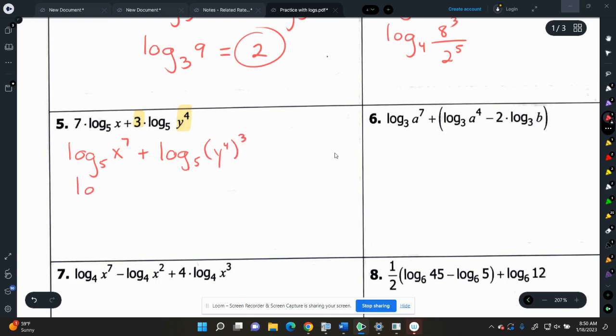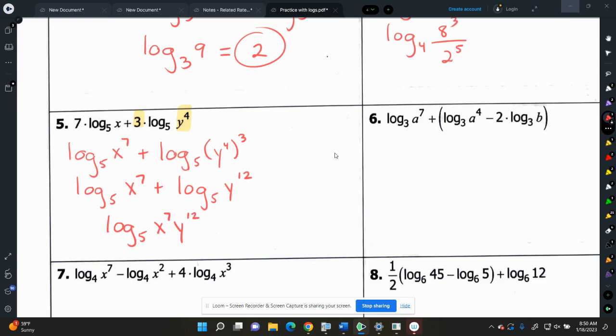So we've got log base 5 of x to the 7th plus log base 5 of y to the 12th. Then we'll bring it together: log base 5 of x to the 7th, y to the 12th. We good on that one?